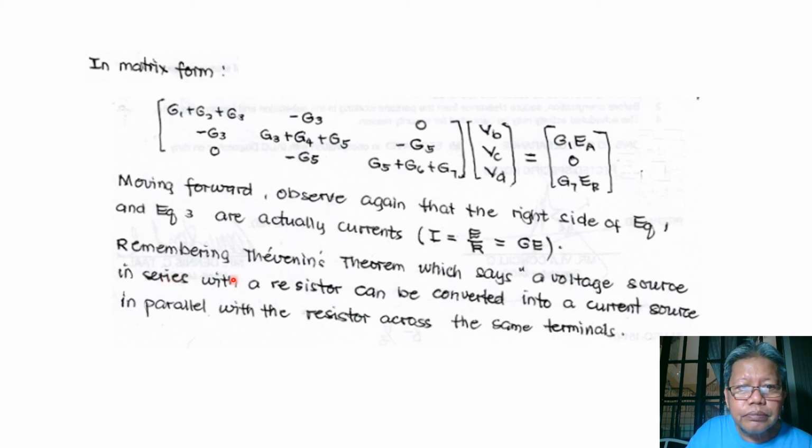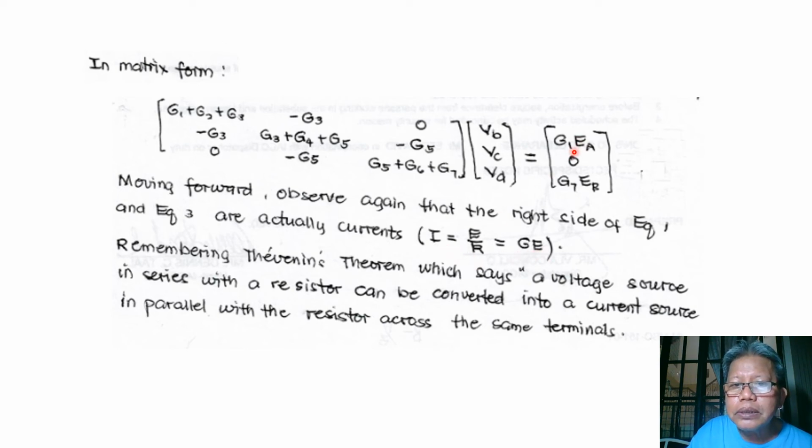Moving forward, observe again that the right side of equation 1 and equation 3 are actually currents. Now, G1 E sub A is current because I is equal to E over R, and 1 over R is G. So GE is actually current.